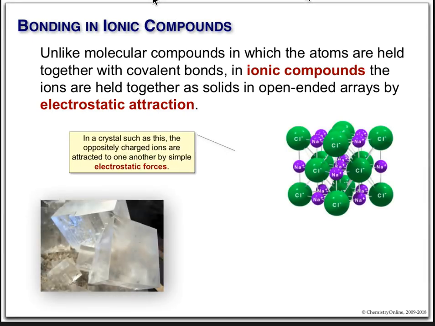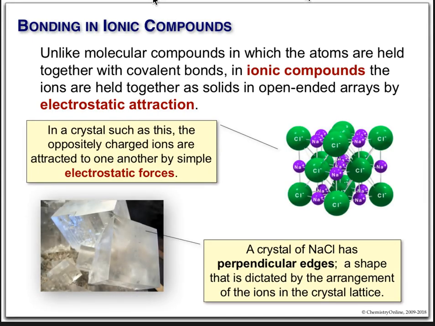Like I said, these things pack together like little balls, and depending upon the actual size of the element, you can pack them together in various ways. You tend to always go for the most efficient packing. And in this case, for sodium chloride, it's cubic. So these are arranged in a cube.